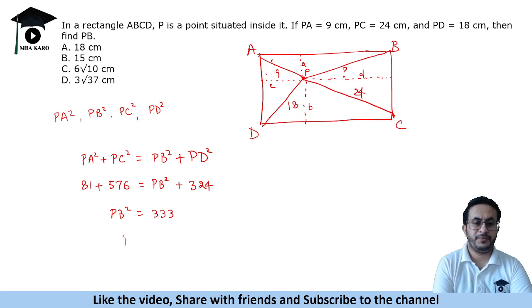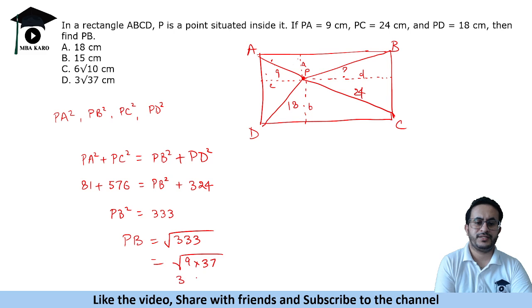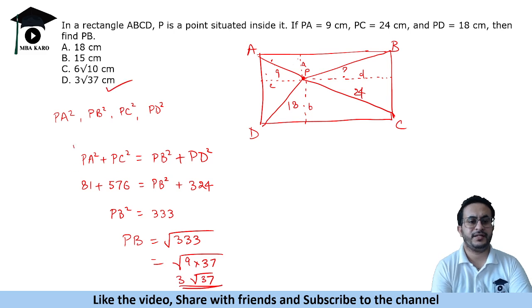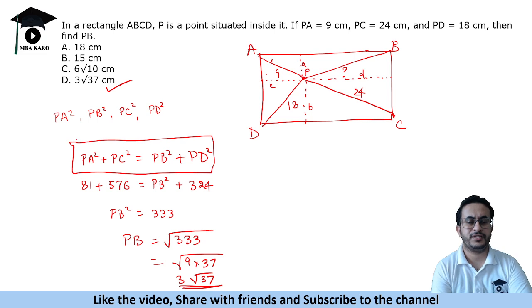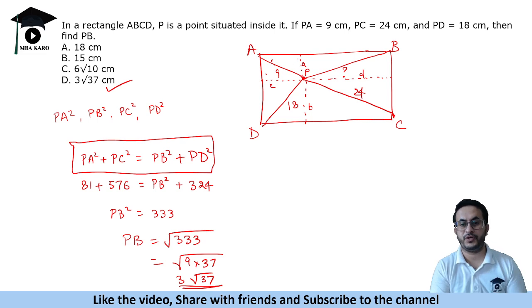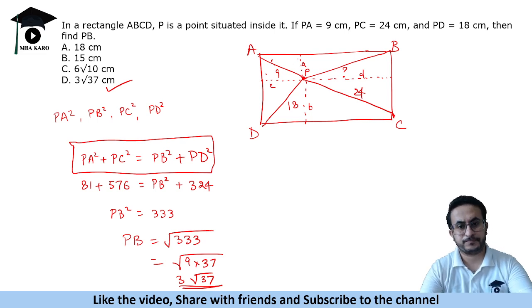So PB is equal to under root 333, which is basically 37 into 9. 9 comes out as 3 root 37. So this is a standard result that one must know in this special kind of question. If you know that result, great.